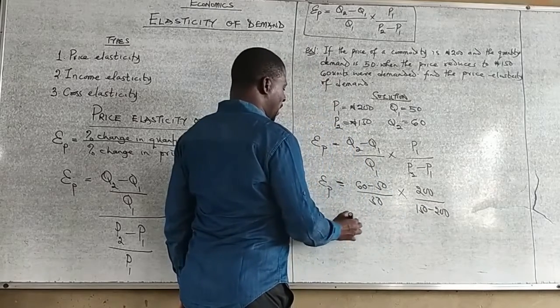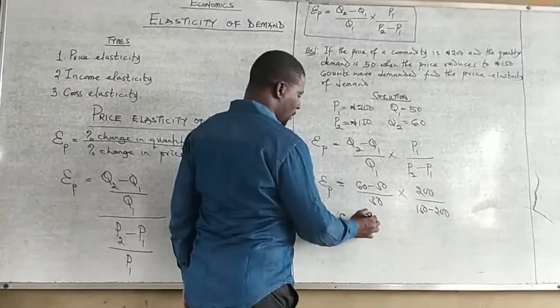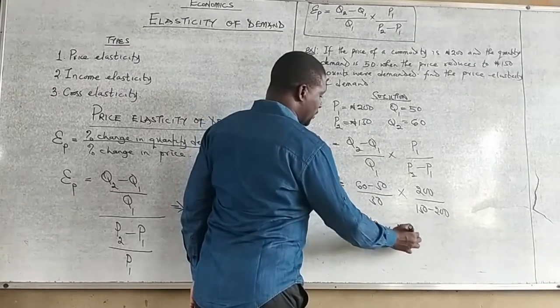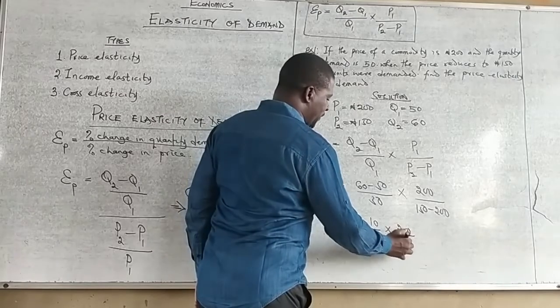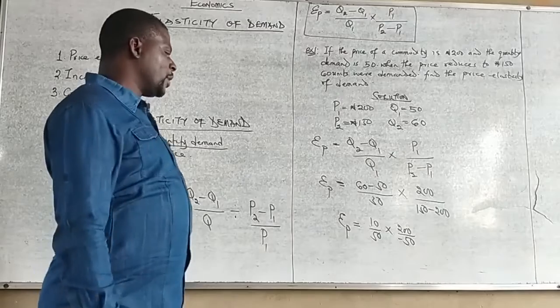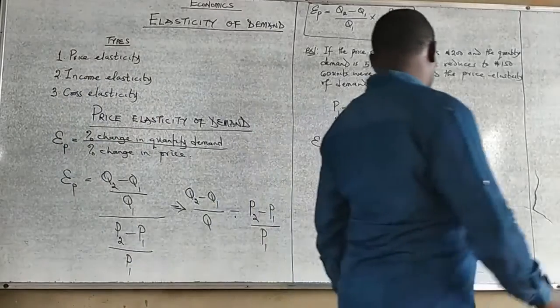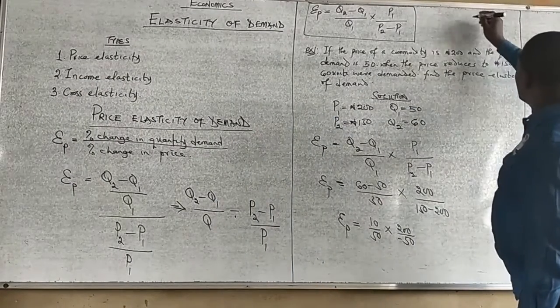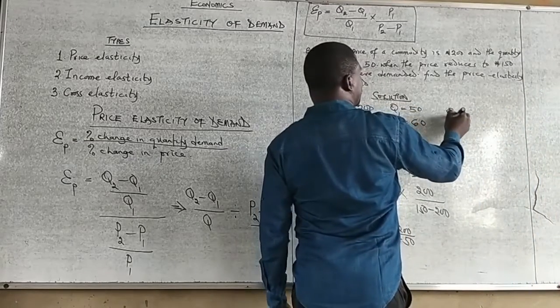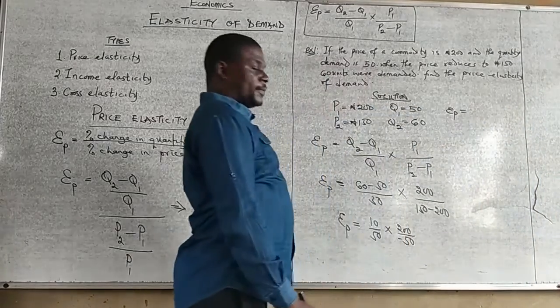So what's our price elasticity? 10 over 50 times 200 over minus 50. Are we together? So here, what do I have? So our price elasticity can now be what?